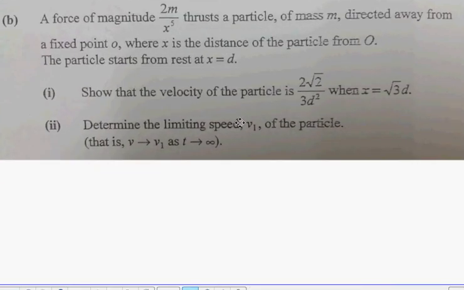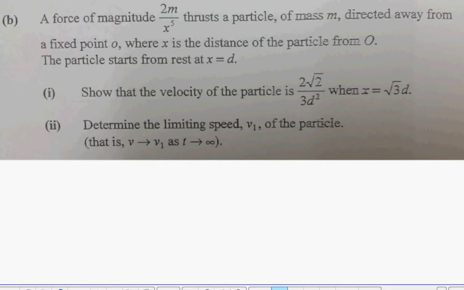Okay. A force of magnitude 2m over x^5 thrusts a particle of mass m directed away from fixed point O, where x is the distance of the particle from O. The particle starts at rest. Okay.